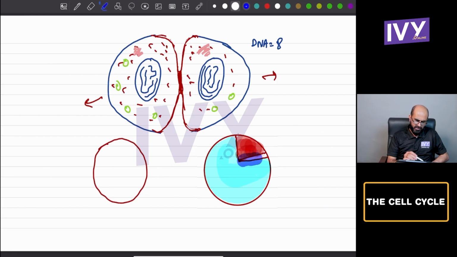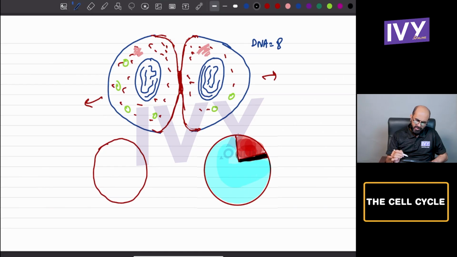So it should be like this. This is the cytokinesis.